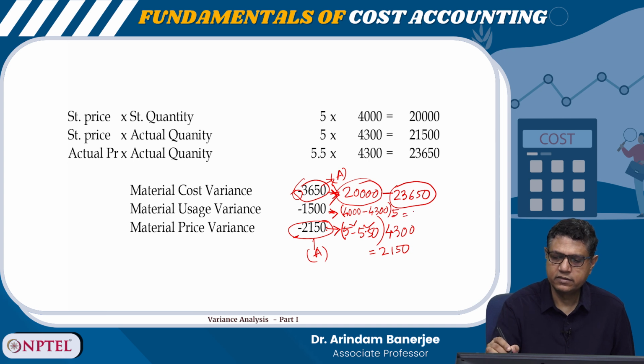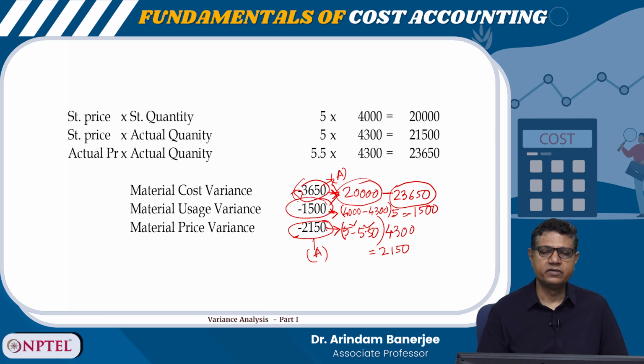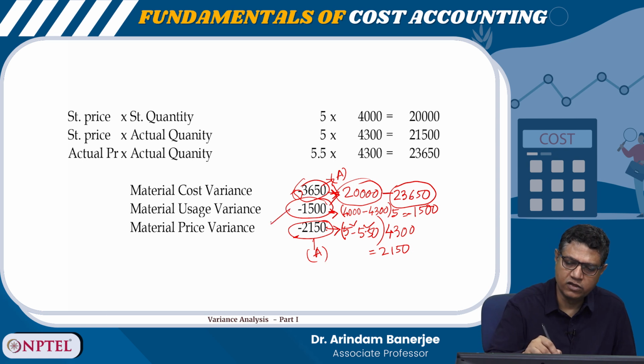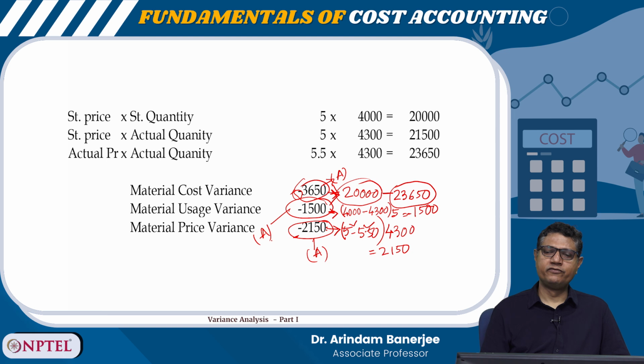So, it is 1500 and it is negative because actual usage is more than the standard usage. So, this is 1500 adverse, this is also adverse, right. This is the material usage variance.